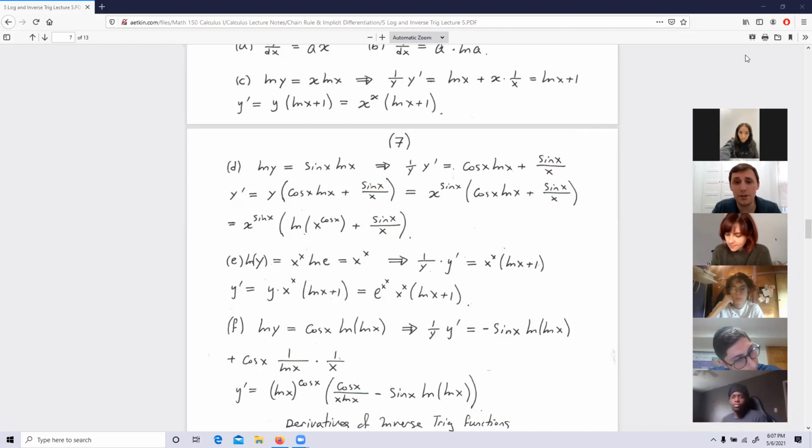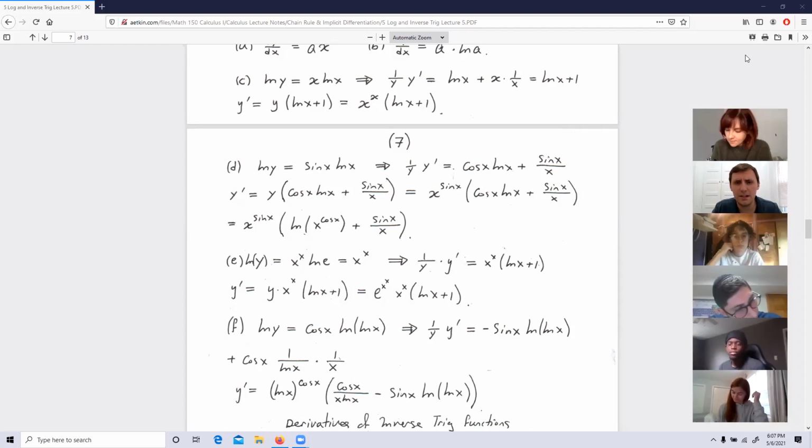So tell me first question, guys. Do trig functions have inverse? Is sine of x invertible, please? I'm saying we are talking about the derivative of sine inverse. Is sine x invertible? Please write in the comments.